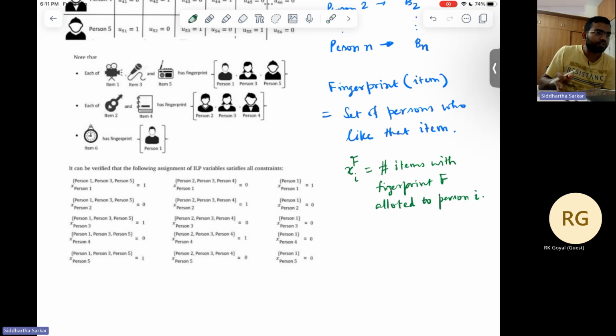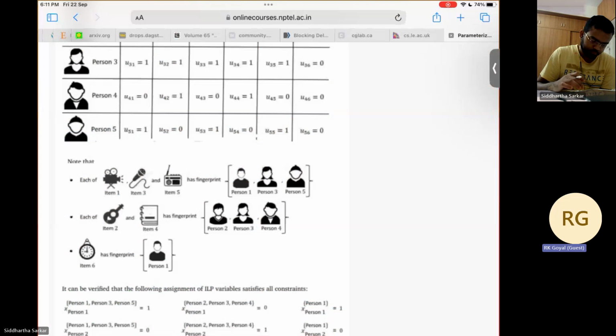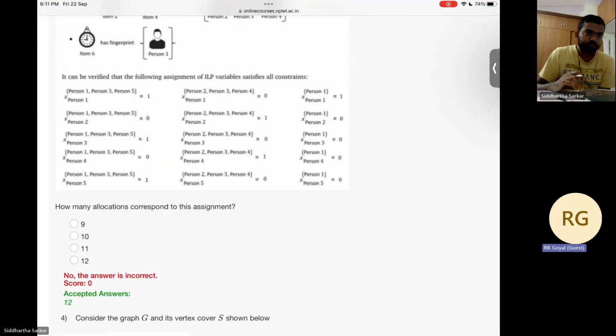So what is the question? How do we know that this item has been given to person 1 only and not to the others, like say persons 1, 3, and 5?